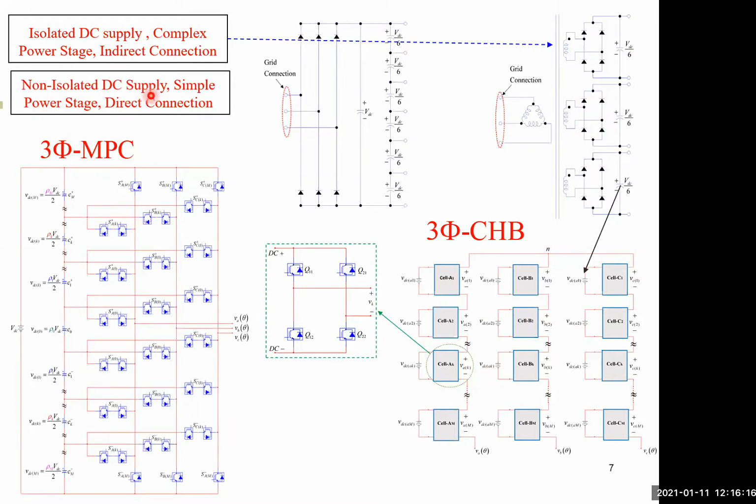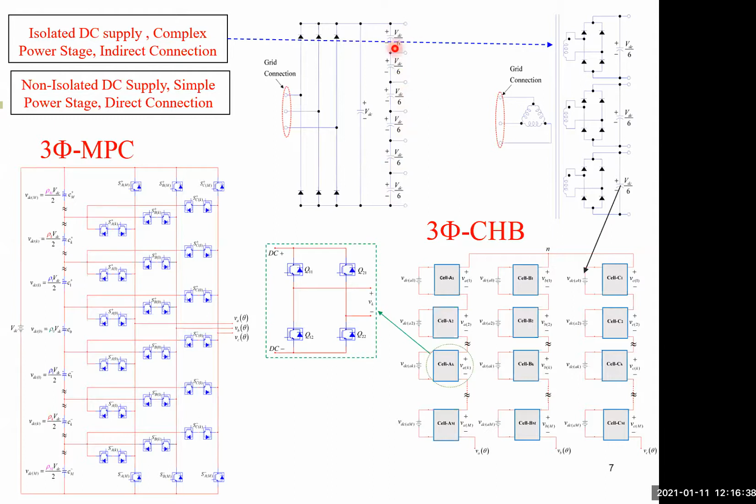For the non-isolated DC supply, the power stage is quite simple. You have direct connection to the grid, no transformer, because the multi-level inverter can handle high voltage ratings. So you have a simple passive multi-level rectifier, a filter, and then a passive DC bus made of a capacitive voltage divider.